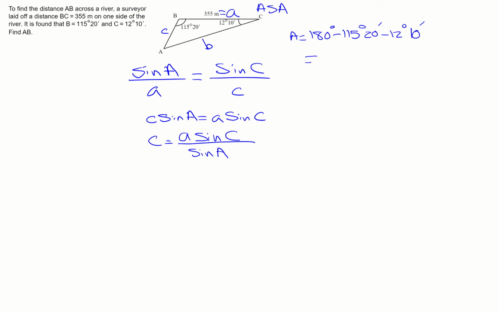So now you can do this by converting these two to pure degrees with no minutes, or you can just use the minutes if your calculator can handle it. I'll show you how to do both ways.